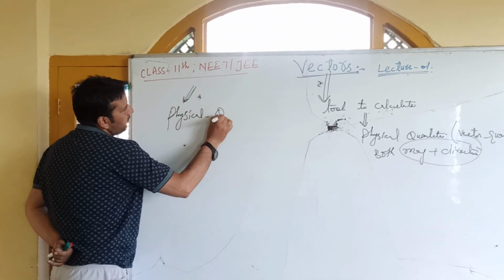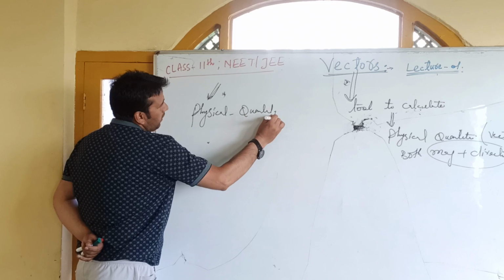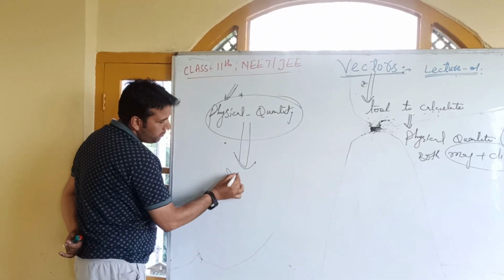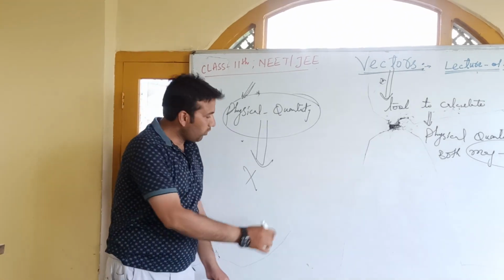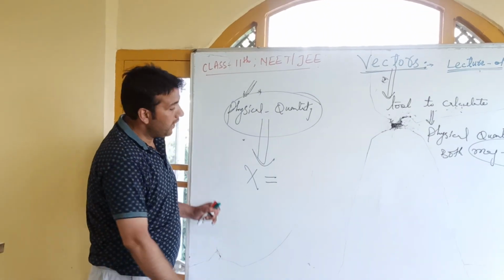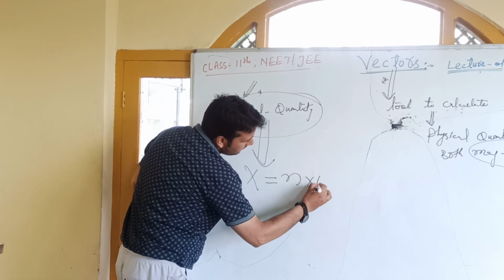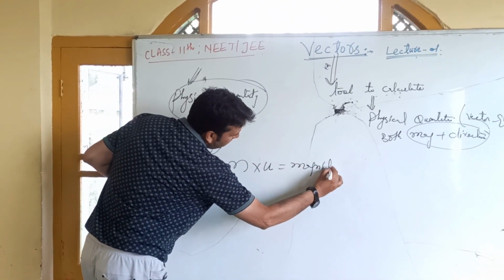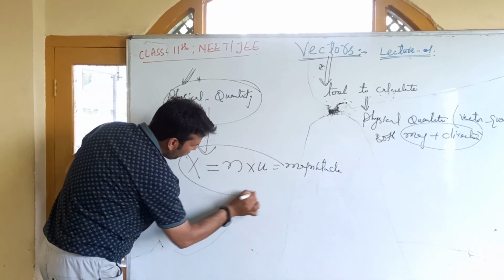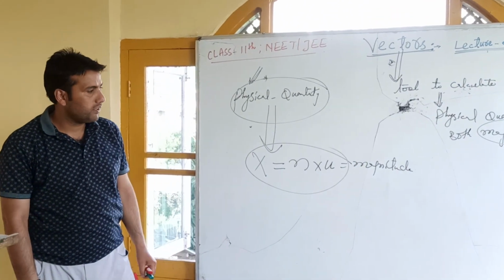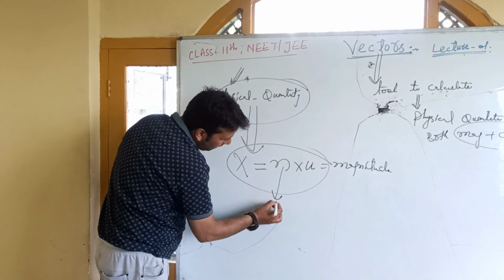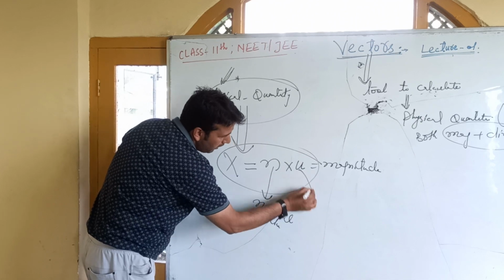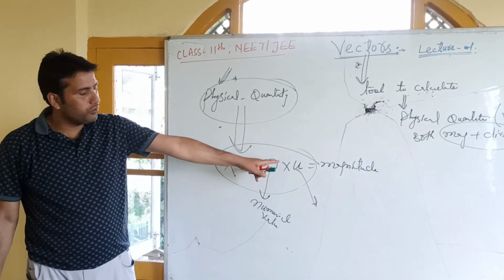A physical quantity is simply a quantity which is always measured as a magnitude, in the sense of number and unit. Always we call this a magnitude, and you got this in the previous class. Dear students, you know there n is the number, or you simply call it the numerical value. And it is u. What does u mean here?